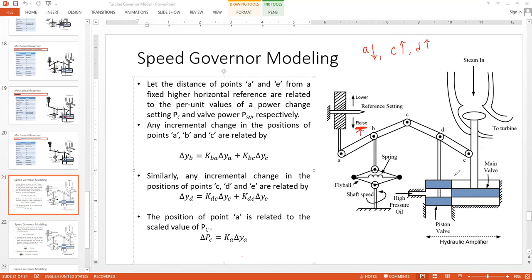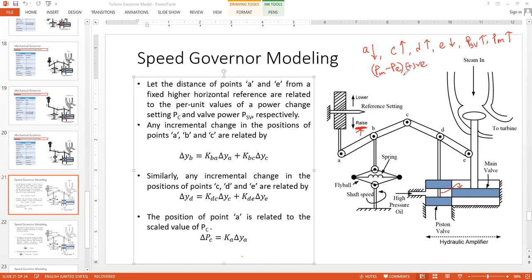If D goes up, which channel gets opened? The upper channel gets opened, so point E goes down. There is more steam input, so PSV increases. That increases PM. If PM increases, PE remains fixed, and PM minus PE becomes positive.